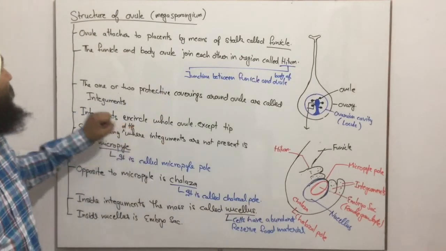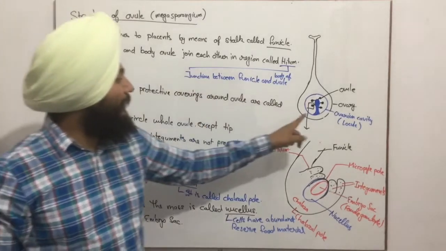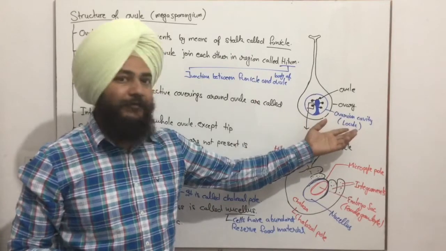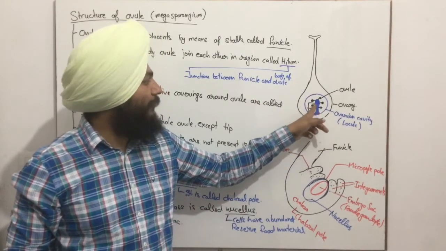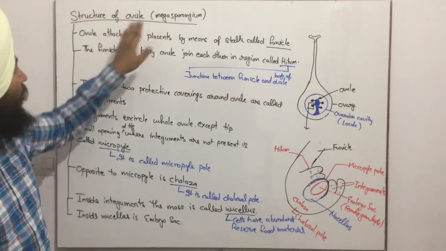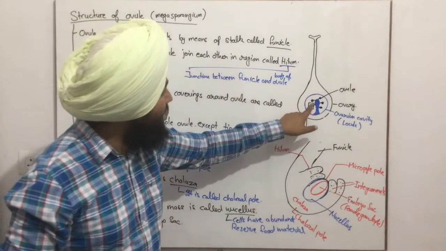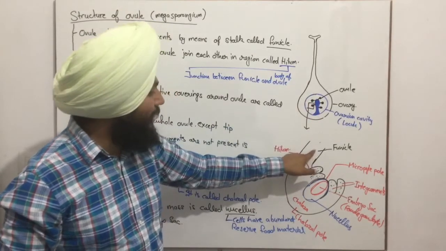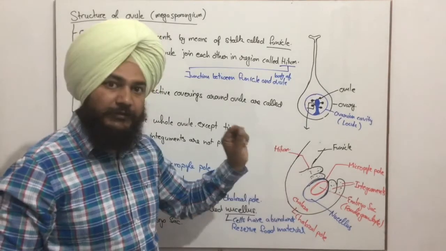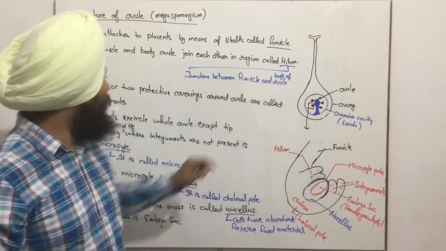So to compile this, first we have discussed the megasporangium, that is present inside the locule, the ovarian cavity. In that the placenta is present, and from the placenta arises the ovule, okay. Next we have the structure of the ovule. The ovule is attached to the placenta with the help of a stalk called the funicle, and the funicle joins the body of the ovule at a portion called the hilum, the junction between the funicle and the body of the ovule.